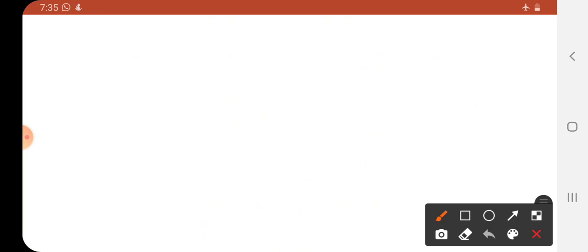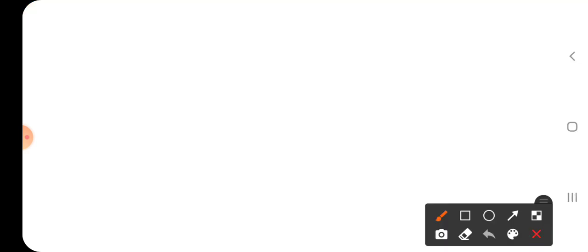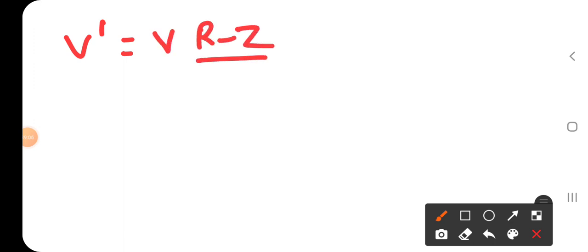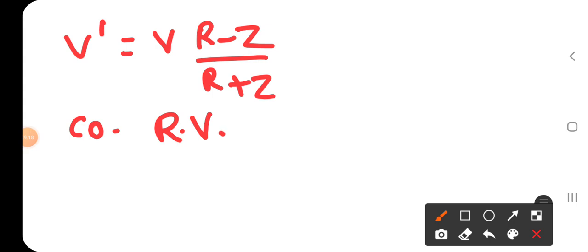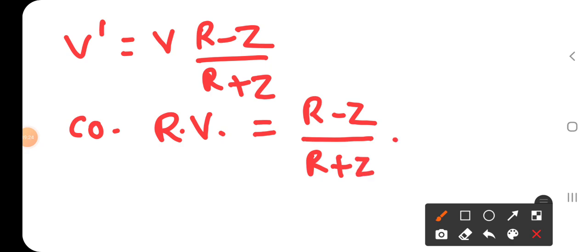Yes, reflected. Reflected voltage, that is V dash. V dash is equal to V into R minus Z by R plus Z. So here what is the coefficient of reflected voltage? Coefficient of reflected voltage is R minus Z by R plus Z. So let us take R common in numerator and denominator.